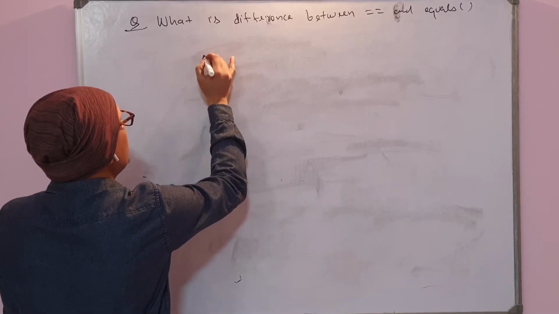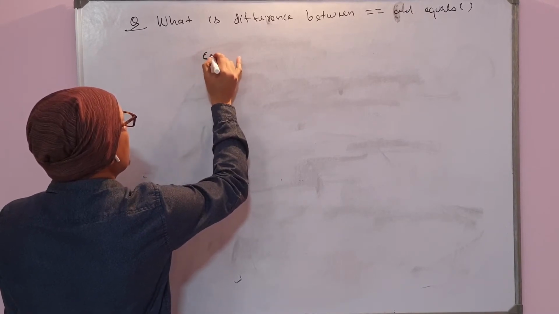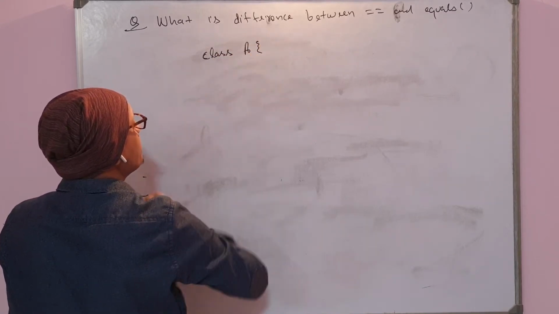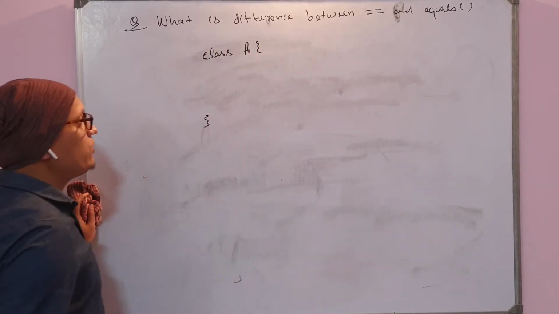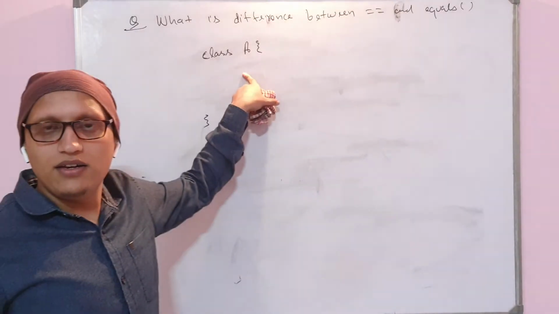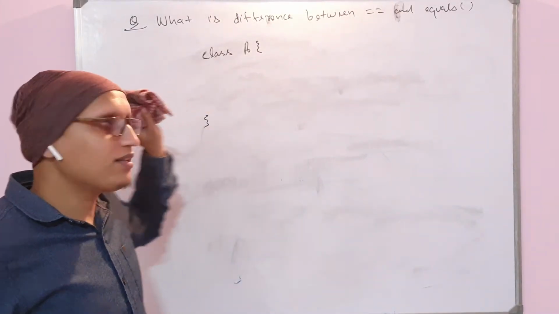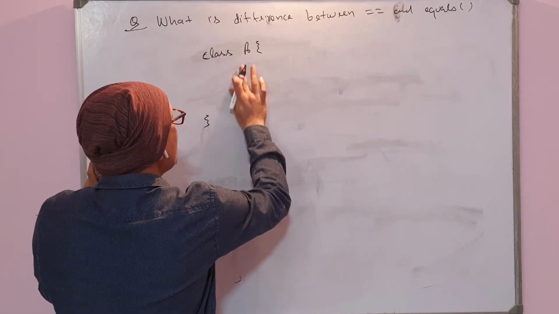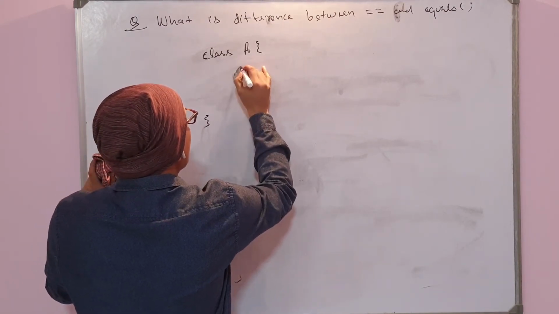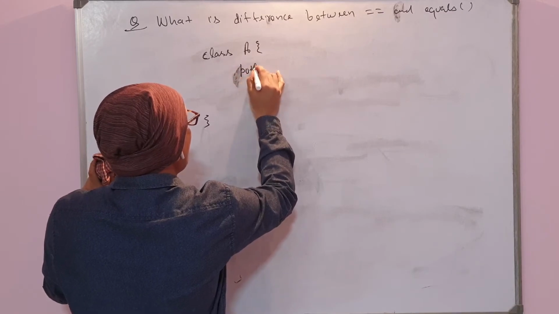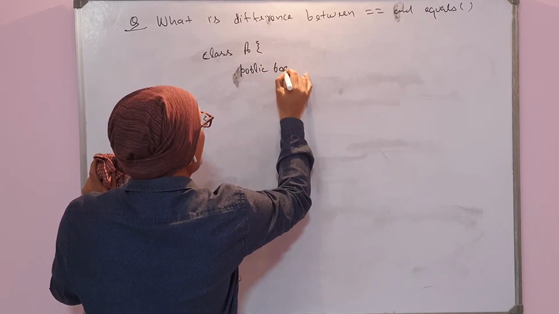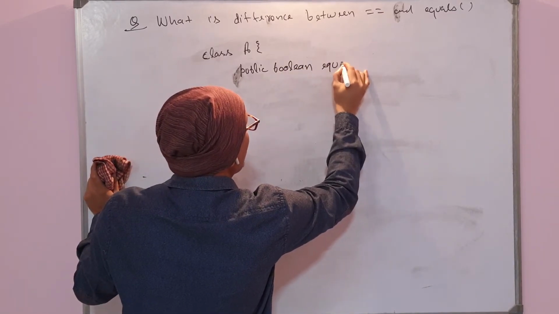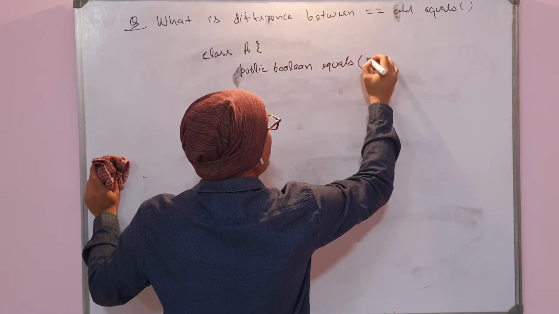Suppose there is something like class A. As I told you, all classes internally inherit the Object class, so a method will be carried over from the Object class: public boolean equals.